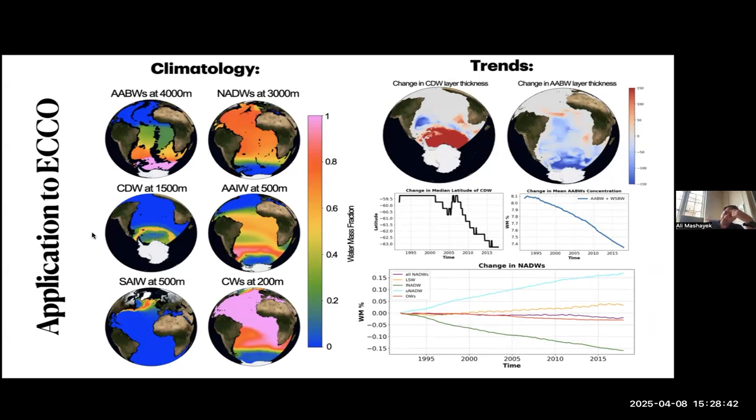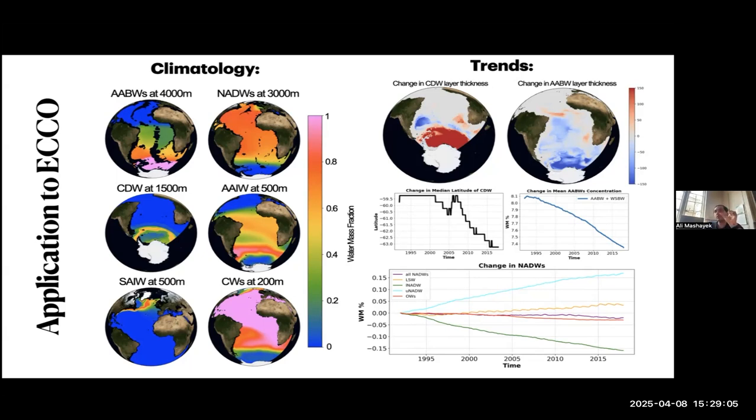So here we are applying the machine learning model to ECCO, and ECCO, some of you or all of you might know, is a NASA product, is MIT GCM, data assimilation, you have remote sensing, altimetry, SSTs, and so on. You have all the hydrographic sections, Argo floats, and a bunch of other things. So it's not a reanalysis product, it's a state estimate.